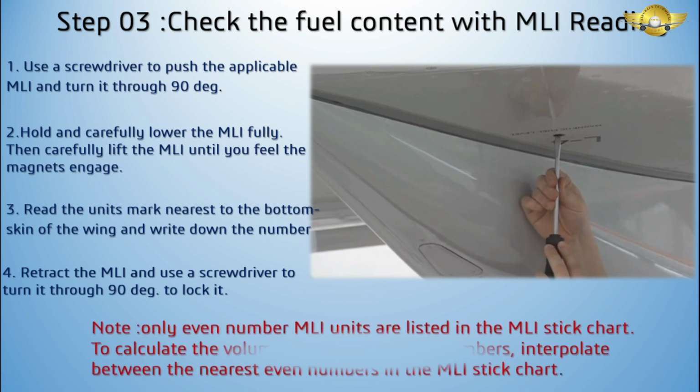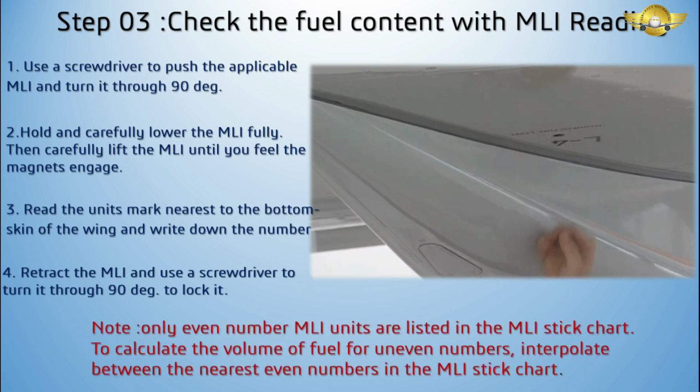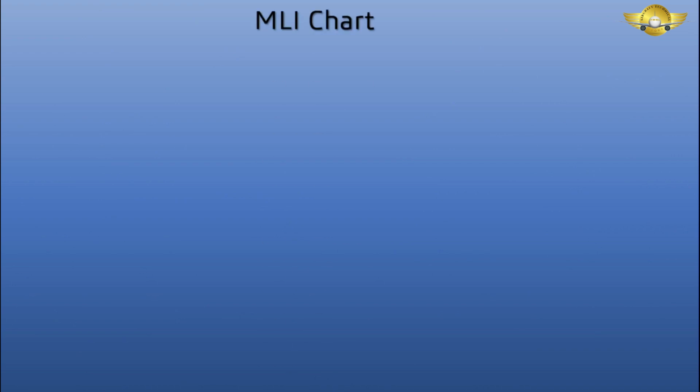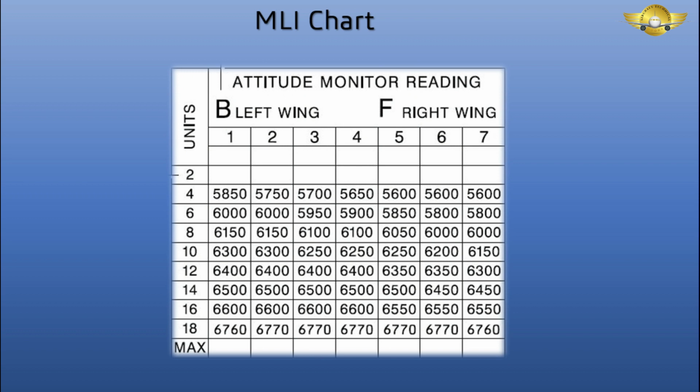Please note, only even number MLI units are listed in the MLI chart. To calculate the volume of fuel for an uneven number, interpolate between the nearest even numbers in the MLI chart. Let's have a closer look at the MLI chart to see what data is given in this chart.